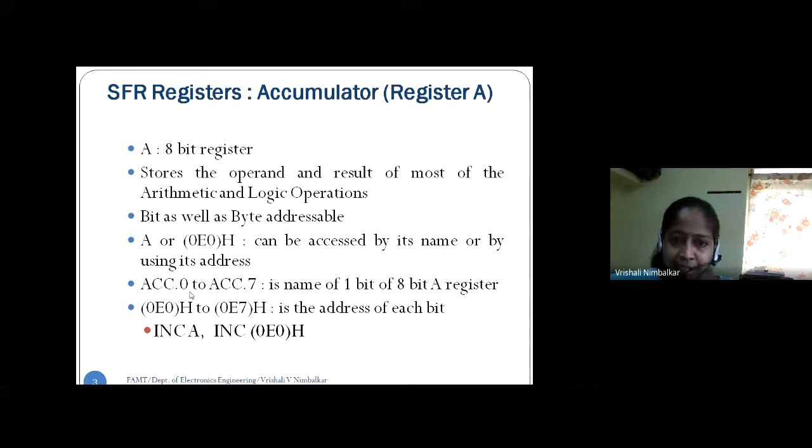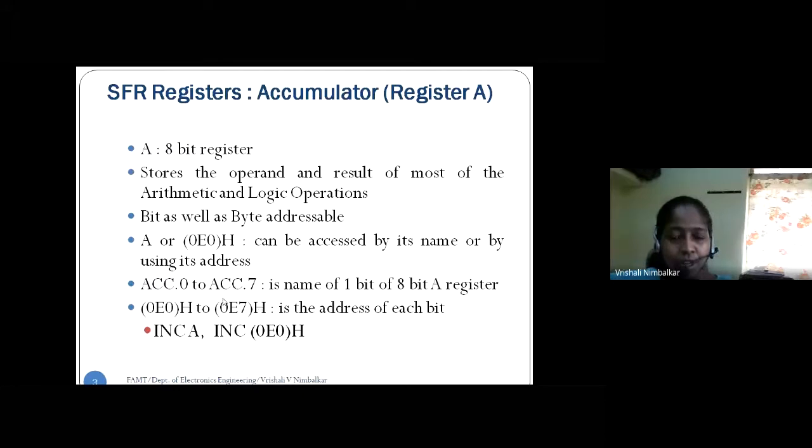So writing like this means you are referring by its name and you are using 1 bit of it, right? Now, if you want to use the 1 bit by its address, then the bit addresses are E0, E1, E2, and so on, E7 hex. E7 hex is the address of the last bit in accumulator.